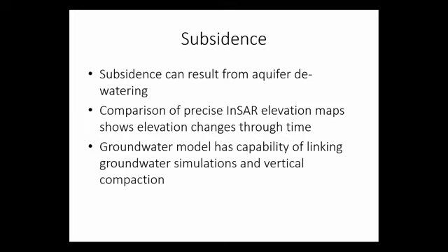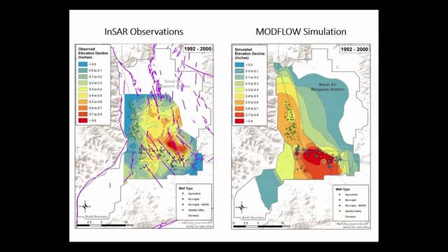The data that we began with was from what's called InSAR, which is essentially a satellite radar-based method that looks at elevation at one time and then compares it to another time and analyzes the difference. And then we use that information to calibrate the groundwater model to make predictions of subsidence into the future. The InSAR data are shown on the map on the left-hand side.